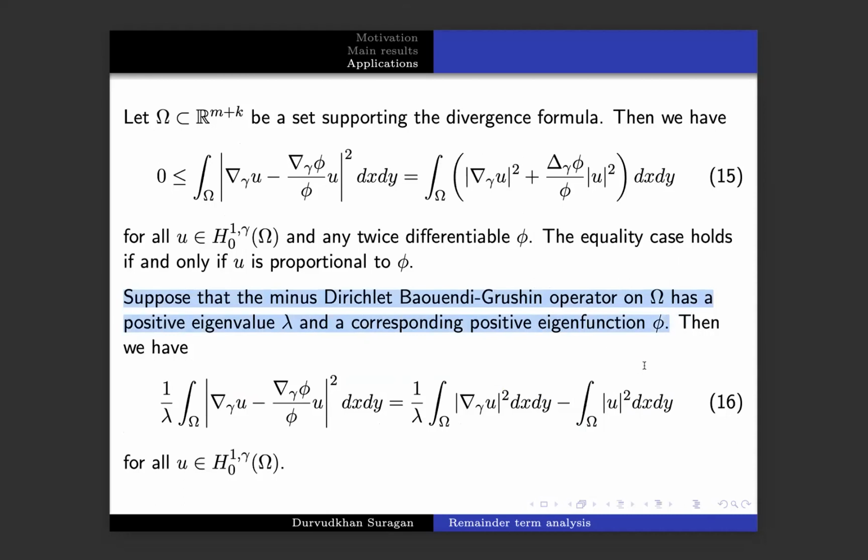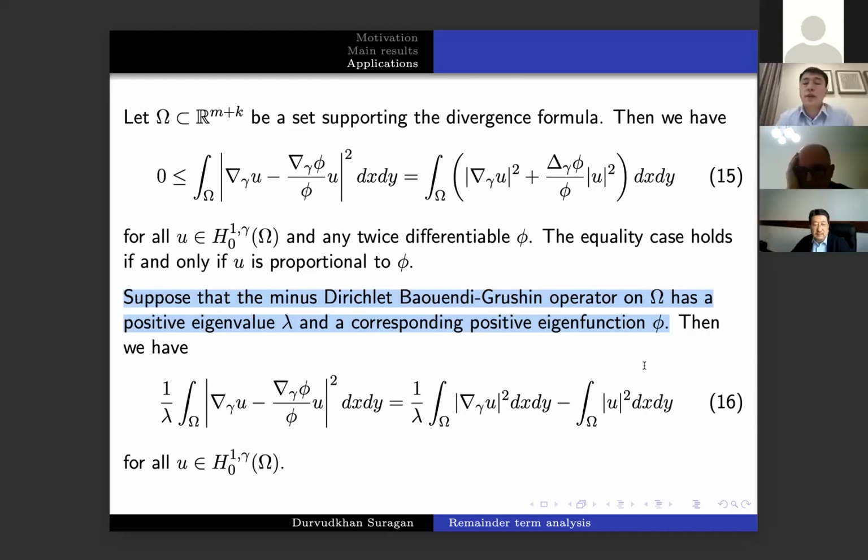Thanks to the previous work in spectral theory, and combining that with our remainder term formula, we now have the full answer to the question related to the Poincare inequality. We have a Poincare inequality for the Grushin operator, we know that it's sharp, and we have the characterization of the extremizer.